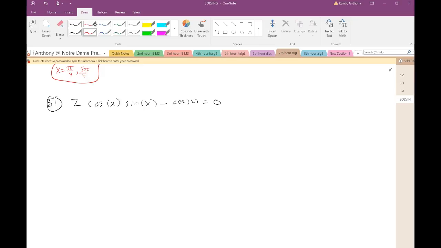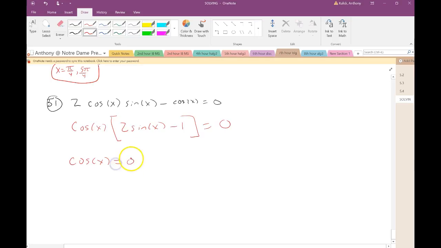Okay, so for 51, the first thing you guys should have done is to factor off a cosine. And then we can apply that zero product property and set each of these two pieces equal to 0.